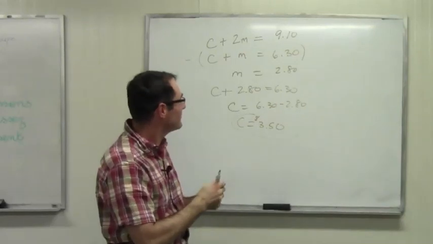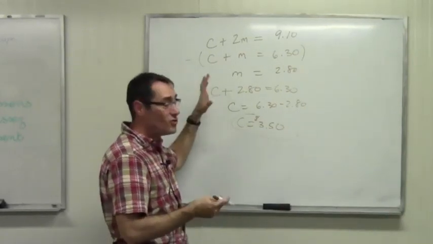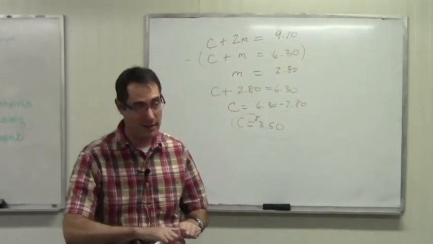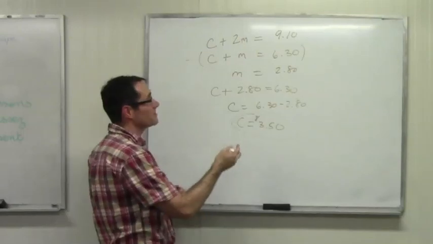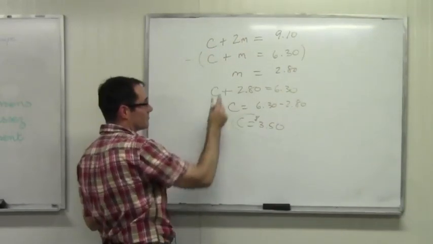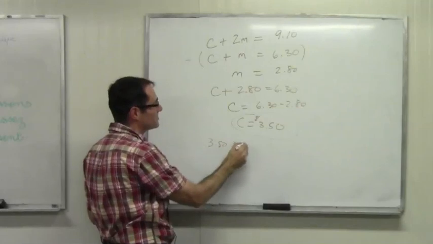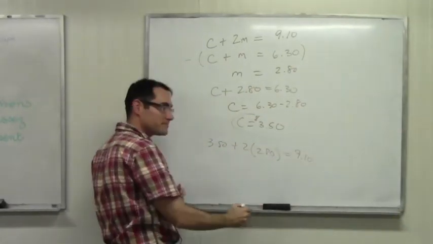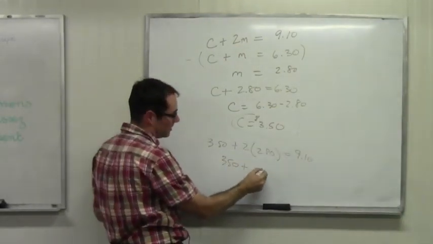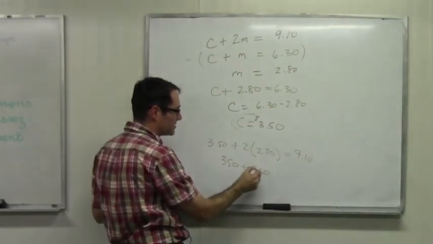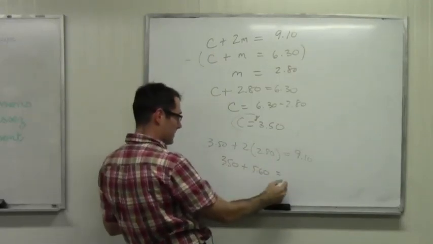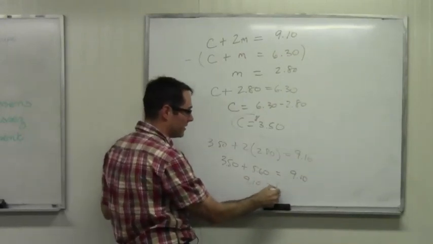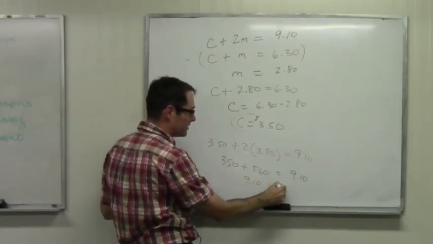Yeah. OK. So if you can think it through like that in your head, great. But don't just write the answer down without checking it. We totally should check it. How do we check this? We do both. We plug in 350 plus 2 times 280, and hopefully you get $9.10. 350 plus 560 equals $9.10.